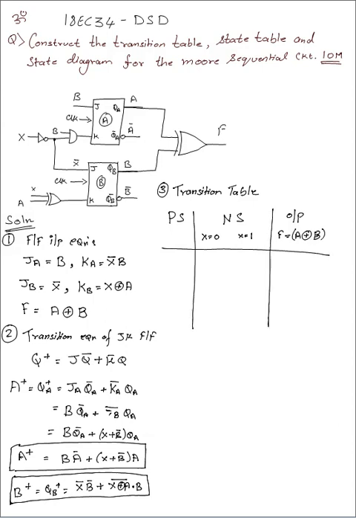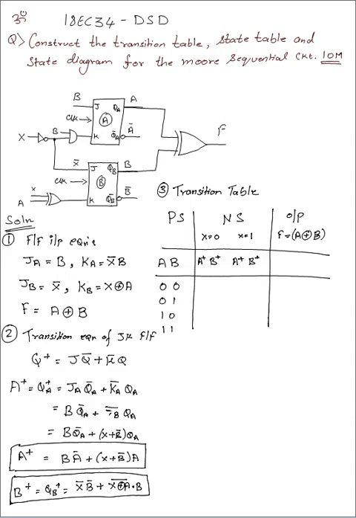We need to determine two things: when I have A, B, I have to determine A plus B plus when x is equal to 0, and A plus B plus when x is equal to 1. So the combinations are 00, 01, 10, 11.